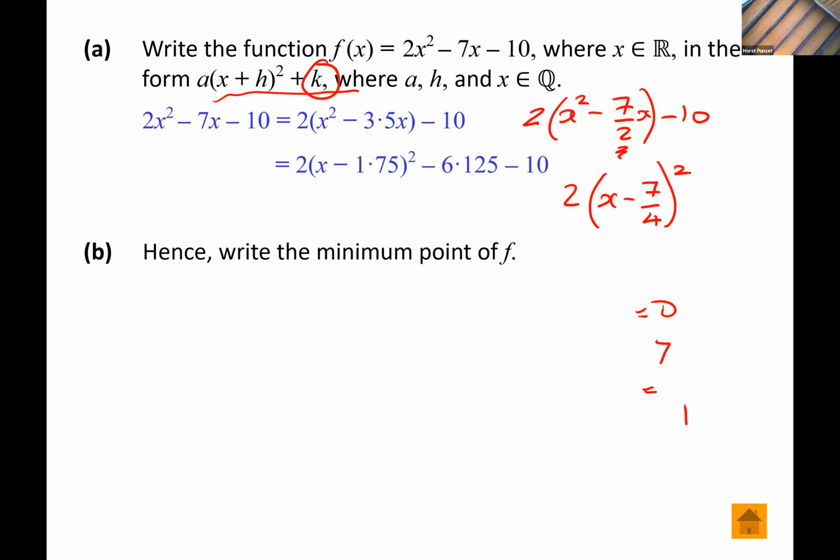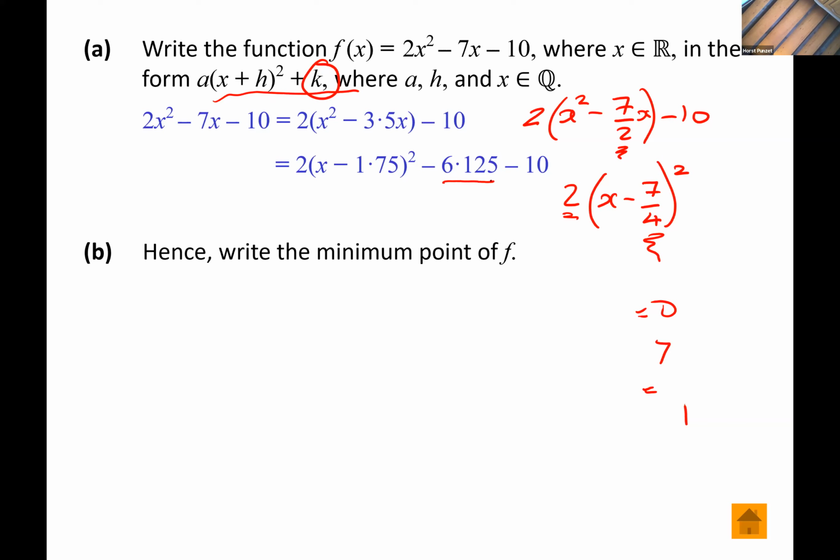So that will give us the two bits that we want for the middle: 7/4 x plus 7/4 x will give us 7/2, which is what we want. But what have we added? We have added 7/4 squared, and we've added it twice. So we have to take that away.